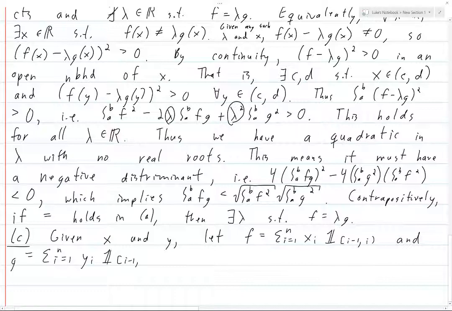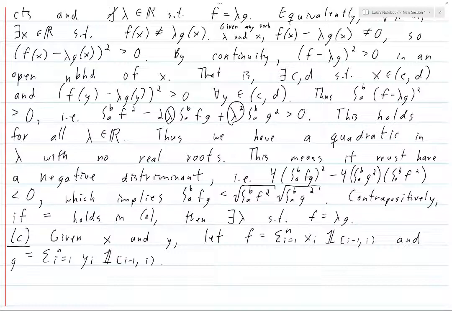Now, I personally did not see the indicator function until I took measure theory. So basically, the indicator function of a set is 1 on that set and 0 elsewhere. If we take the indicator function of the interval from 0 to 1, that function will be 1 at any point between 0 and 1, and 0 anywhere else.